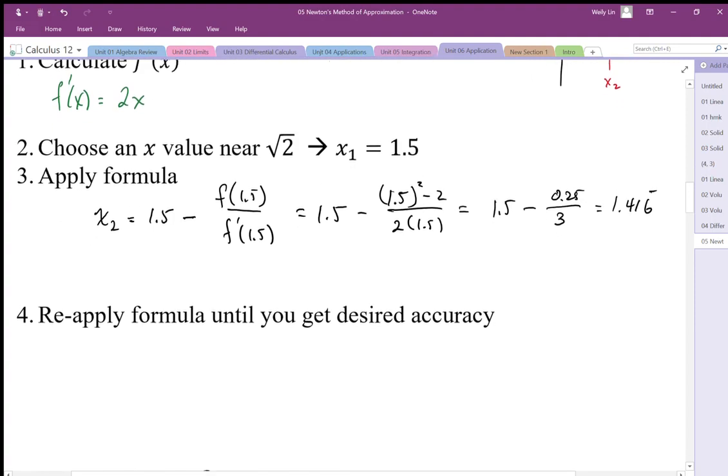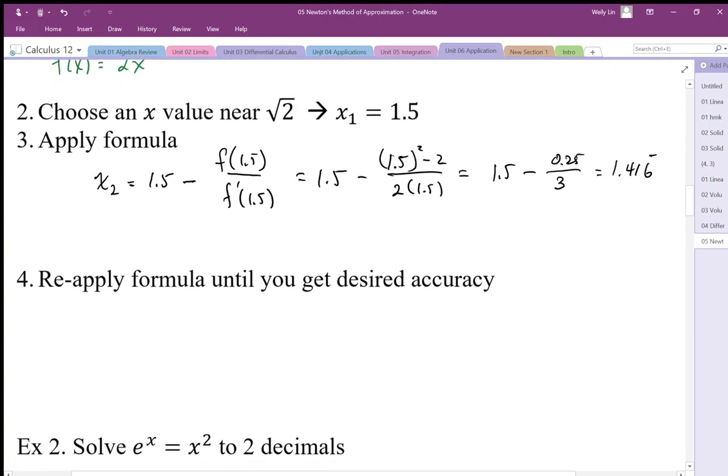Okay, so I'm just going to set this up in my calculator, and I can do this one more time. So I'm going to do x3. Okay, x3 is going to be equal to 1.416 repeating minus (1.416 repeating squared minus 2) over 2 times 1.416 repeating.